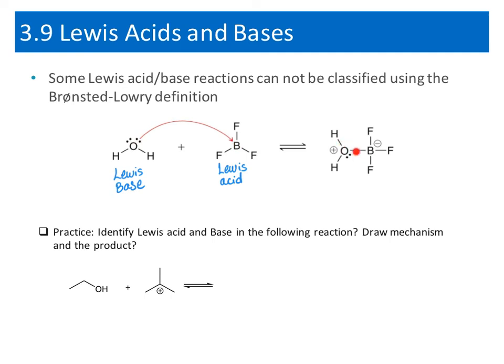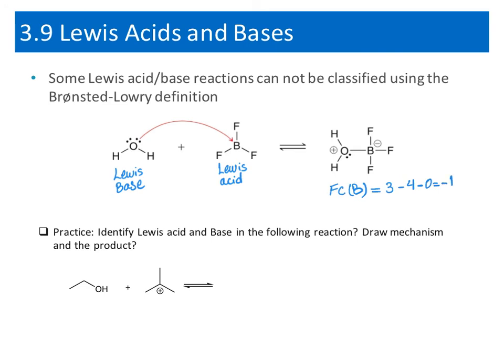Now oxygen has 3 bonds and a lone pair, it is positively charged. We can calculate the formal charge on boron. So as a practice, boron is in group 3, 3 valence electrons minus number of bonds 4, and minus the number of electrons, which is 0, so equals -1.